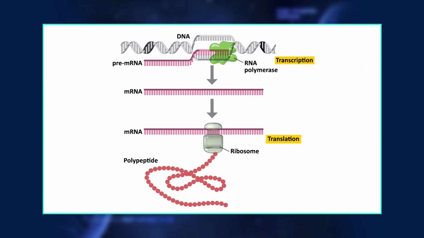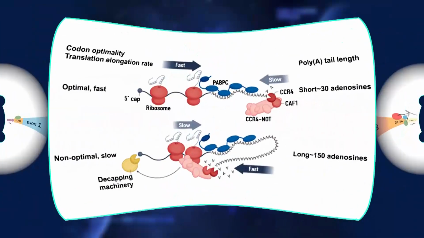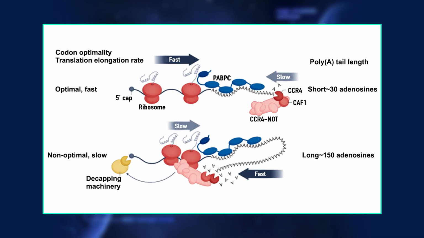After transcription and maturation, the mature mRNA formed encompasses multiple parts important for its eventual translation into a protein. The coding region in an mRNA is flanked by the 5' untranslated region, that is 5' UTR, and 3' untranslated region, that is 3' UTR, the 5' cap and poly A tail.